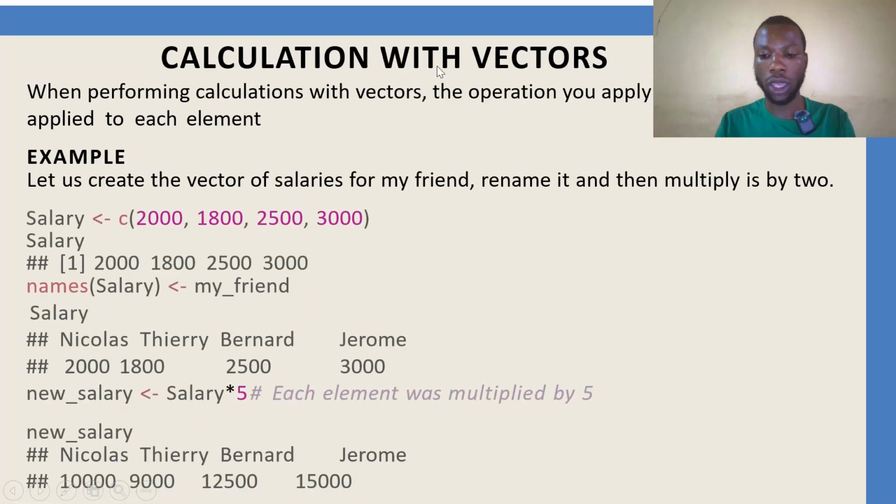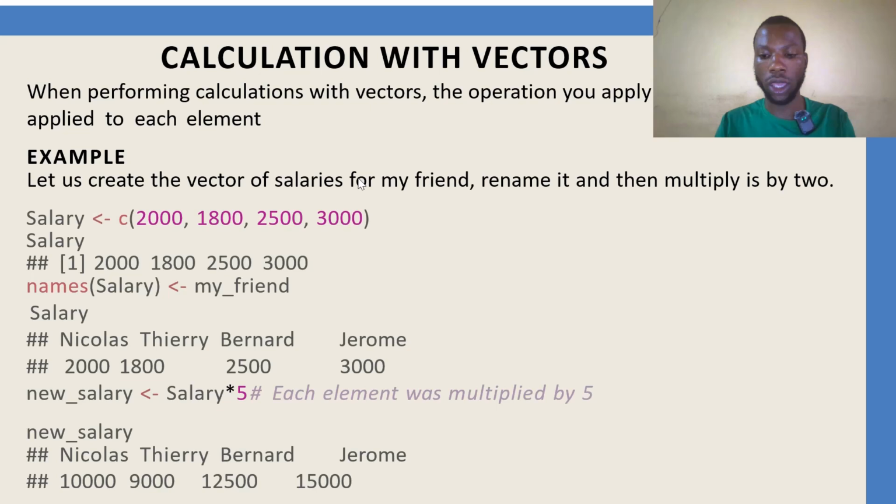Calculations with a vector: in a vector you can make addition, subtraction, the way we did it for the mathematical operators we have seen in the introduction to R programming. What we need to know is that you cannot sum things that are not equal, and you cannot subtract different data types.